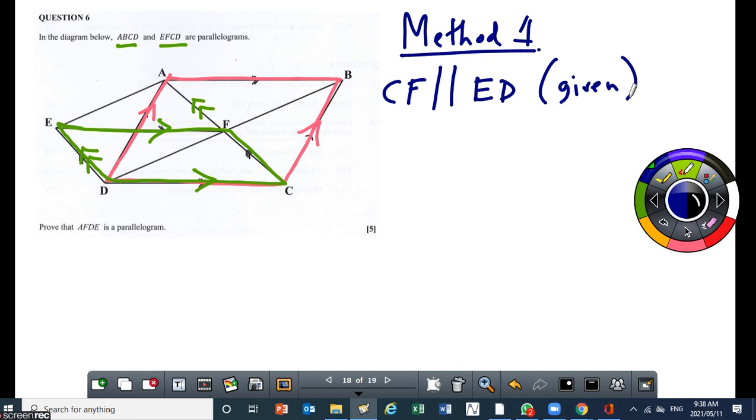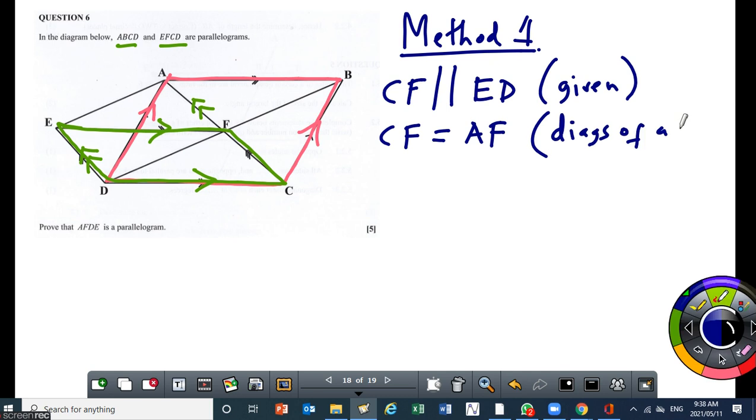Or we can say, because they are opposite sides of a parallelogram, but it's also given on the diagram. At the same time, CF is equal to AF. And the reason will be diagonals of the parallelogram.